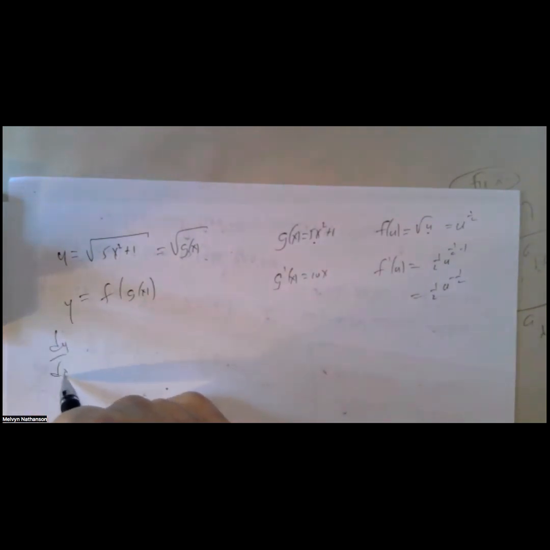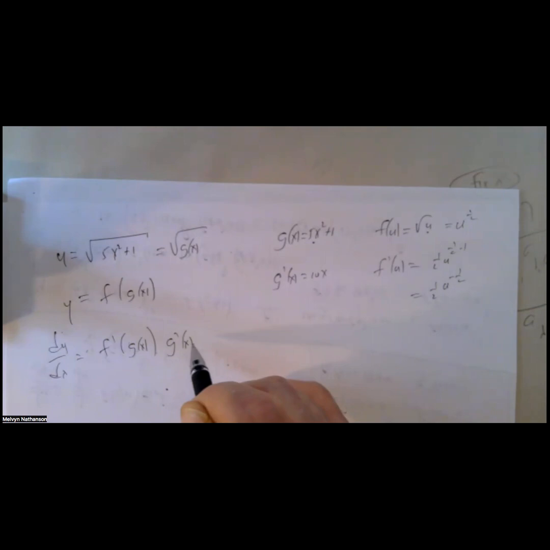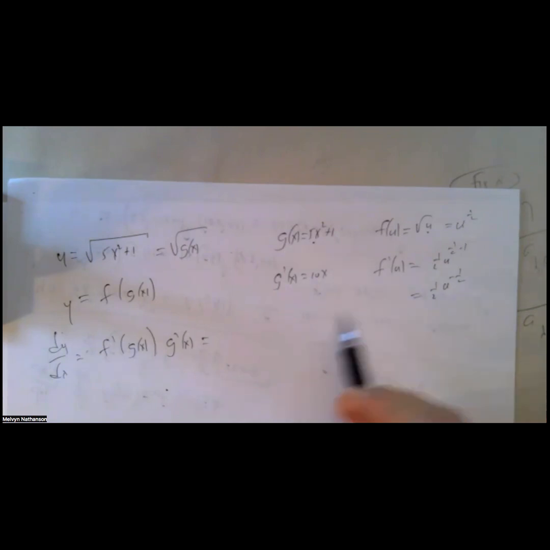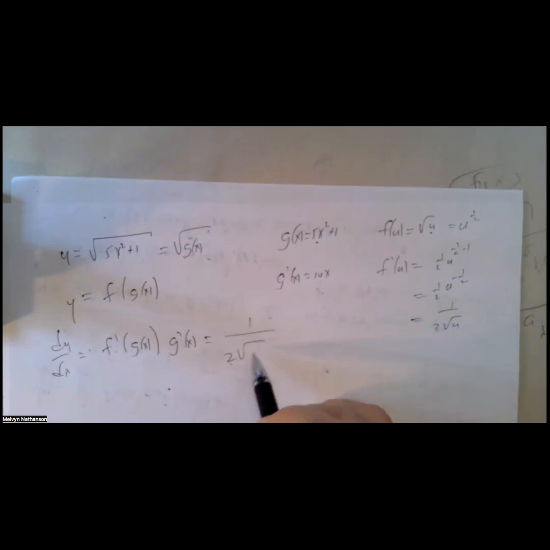So dy dx, which is f prime of g of x times g prime of x. See, what is f prime? This is the same as 1 over 2 times the square root of u. This is 1 over 2 times the square root of g of x times g prime of x, which is 10x.